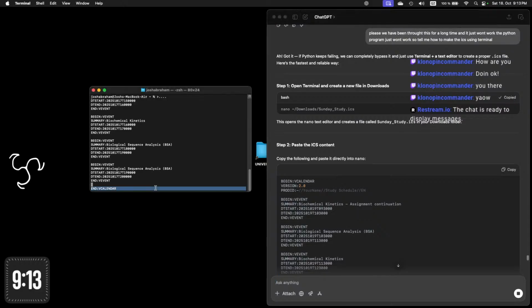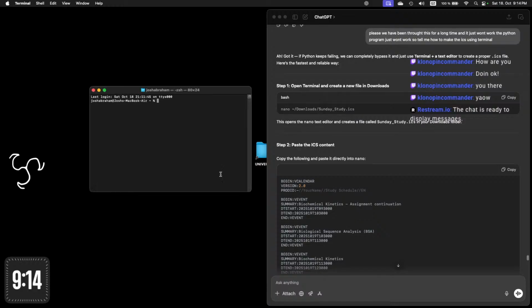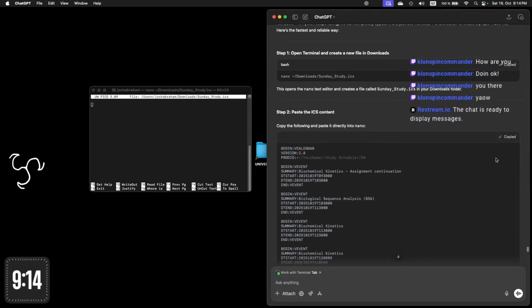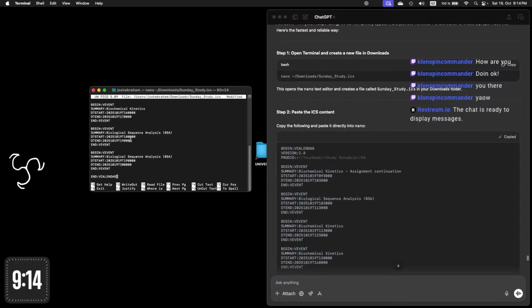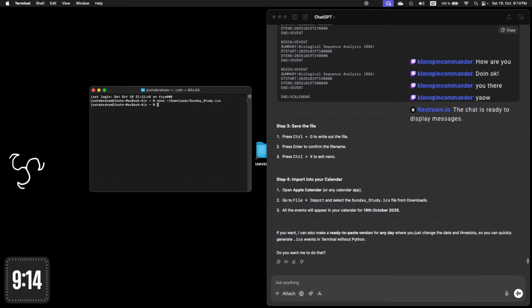Okay, I guess. Made a new file, copy, paste, okay, whatever. Control O to write out the file. Import into calendar, okay. So it should be there, yep.